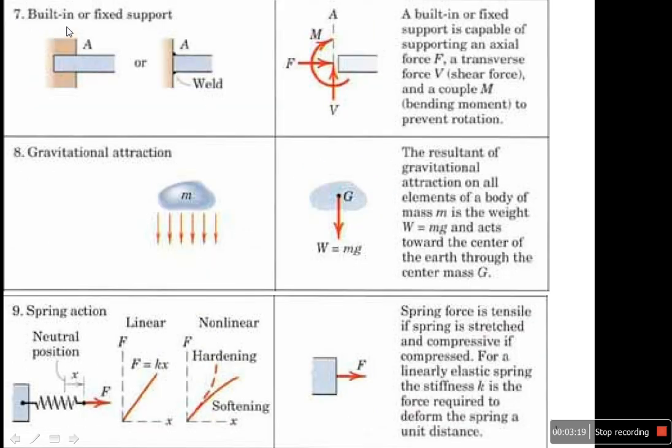Seventh case, if I have built-in or fixed supports like that, I need to put two forces and one couple.